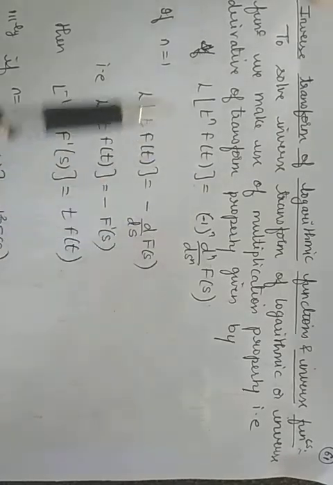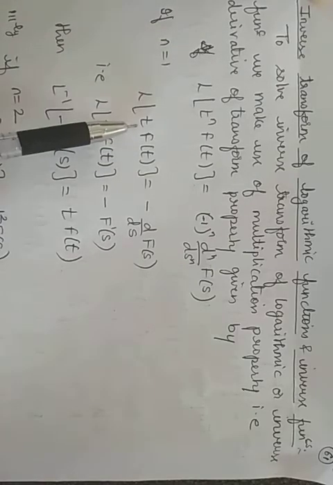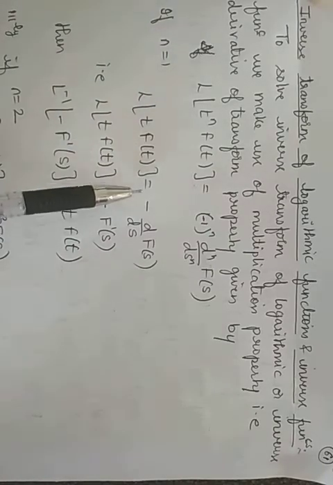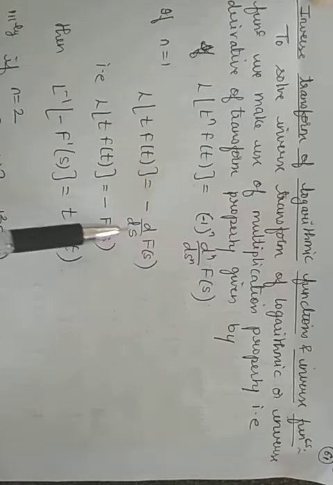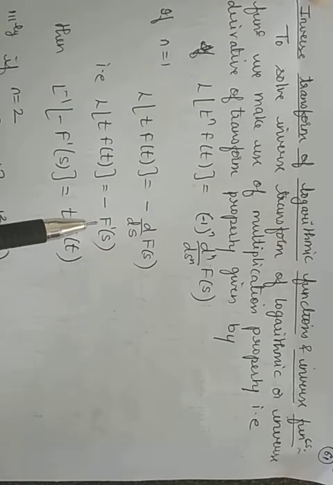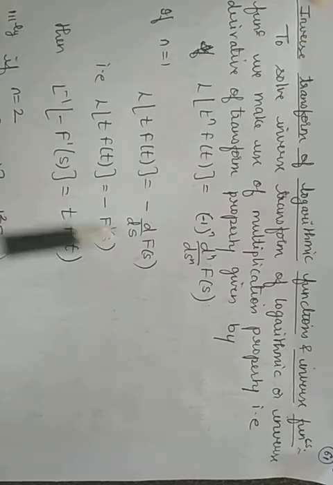Now if I substitute n as 1 in this statement, it will become Laplace transform of t into f of t is equal to minus d by ds of f of s. D by ds means what? It is the first derivative of which function? F of s. So this notation can be represented as f dash of s.